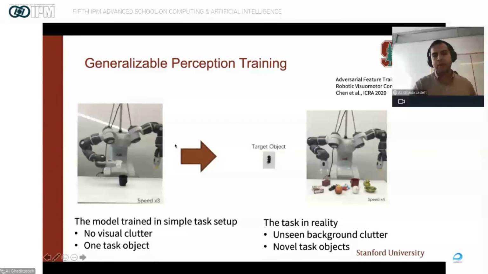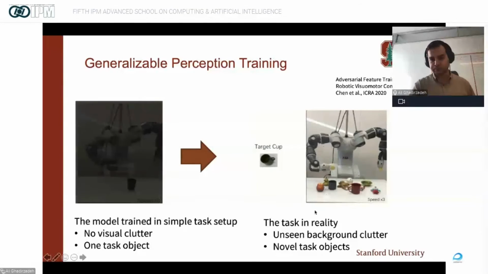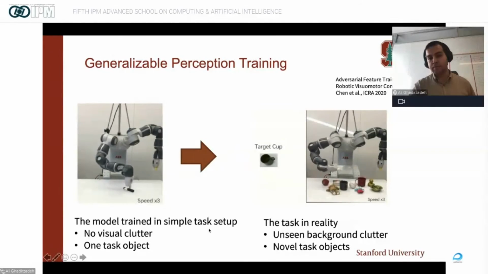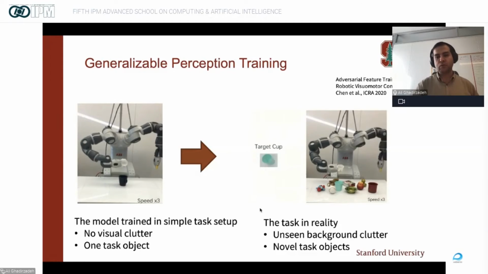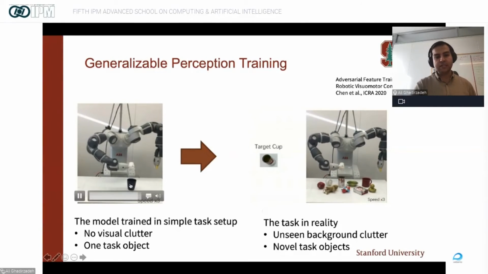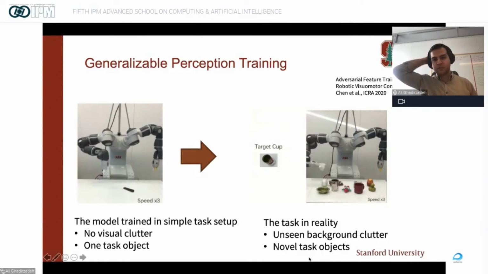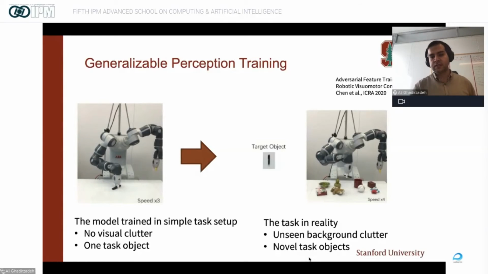It can be different target objects, as I will show in this video. For example, we want to generalize to different types of target cups. And we want to do it in a zero-shot manner, meaning that we don't want to train it anymore. Based on this kind of learning, we would like to do the task with many different target objects and not be distracted by the other clutter that exists in the scene.